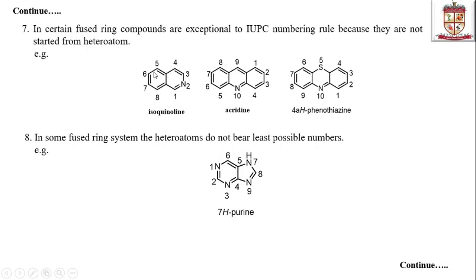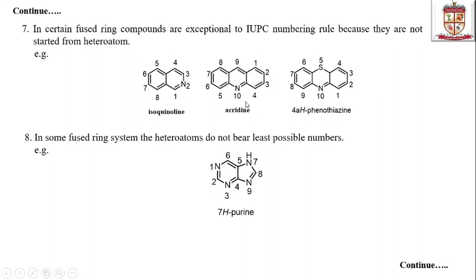But in the isoquinoline case, the first number is given to this carbon, and the nitrogen is at position number 2, and then the numbering follows like this: 1 2 3 4 5 6 7 8.